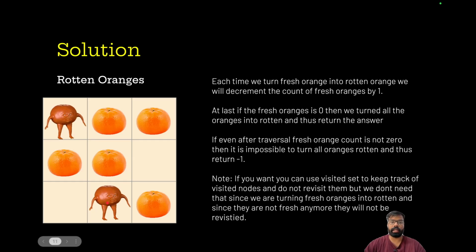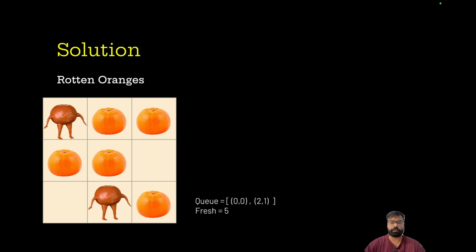We only pick those oranges which are fresh, mark them as rotten, and insert them into the queue. If an orange has turned rotten and is not fresh anymore, it will not be inserted into the queue next time. So we do not need the visited set for that reason.